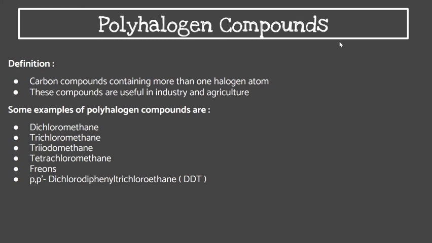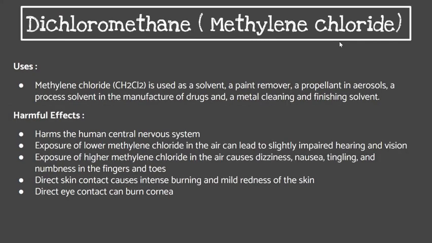Don't worry, I know all these words are a bit hard to pronounce, but they have other names to make it simple. The first one is dichloromethane, which is also known as methylene chloride.